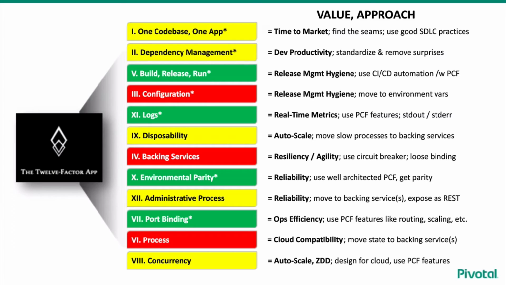With build, release, run, you have a single code base that's being taken all the way through a build process to produce a single artifact, and then that's merged with the configuration information that's external to the application, and hopefully delivered at runtime. This is then delivered to the cloud environments and run. Regarding configuration, this is about externalizing your configuration from your application binary, right?